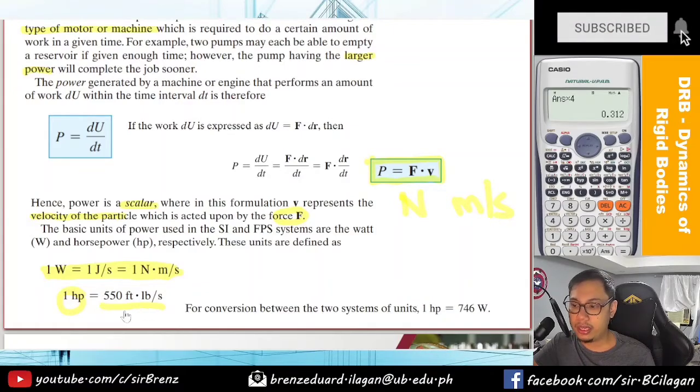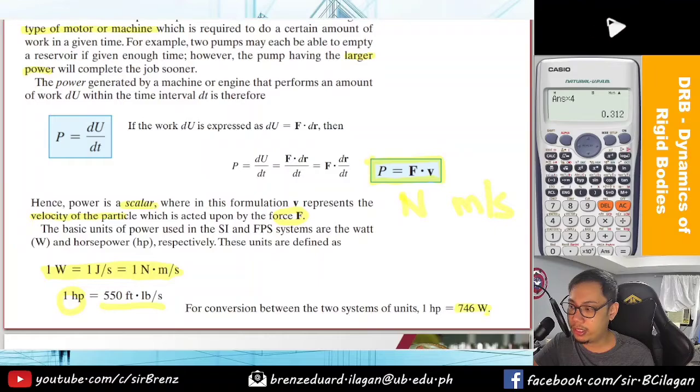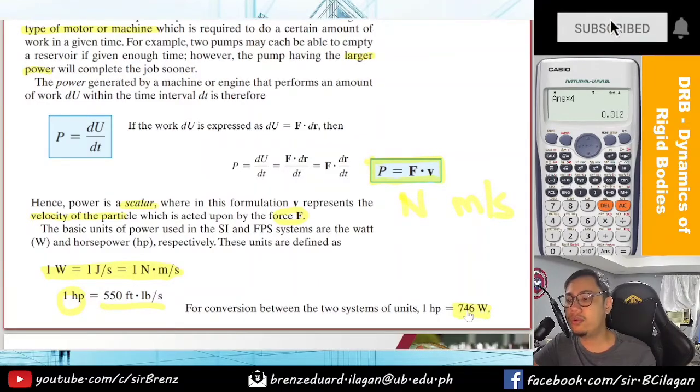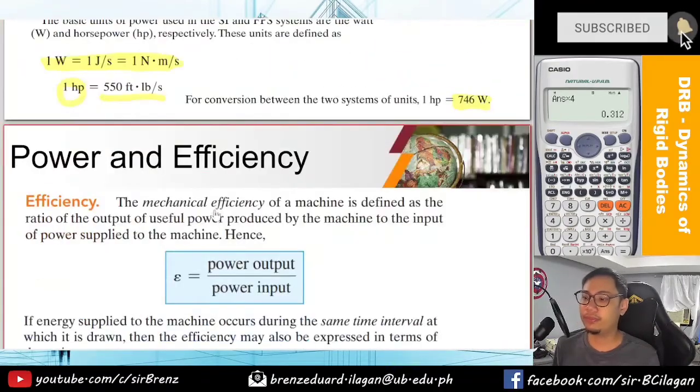So don't forget this unit, or pound-feet. Anyway, it's the same. And in SI, I know you're familiar with this conversion: one horsepower is equivalent to 746 watts.